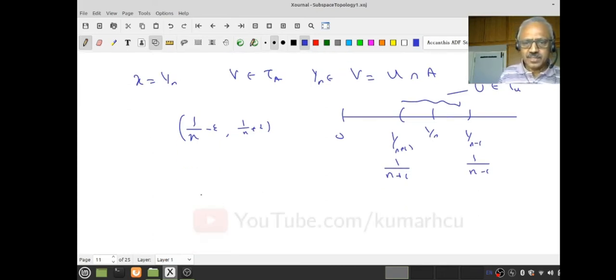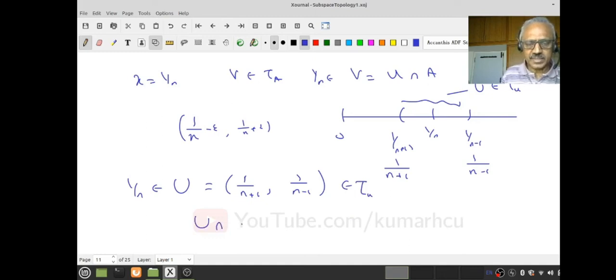Therefore this U, from 1 by n plus 1 to 1 by n minus 1, is an open set in tau u, and U intersection my A is the singleton 1 by n.